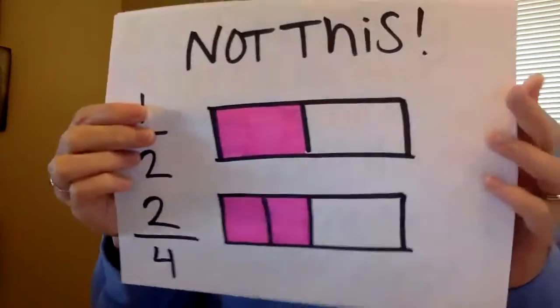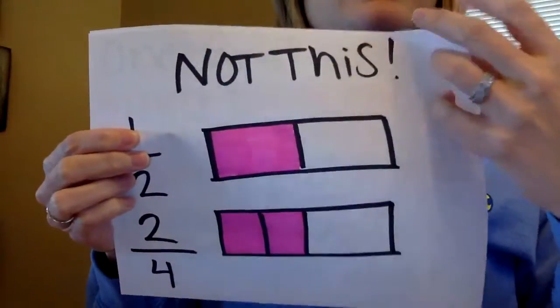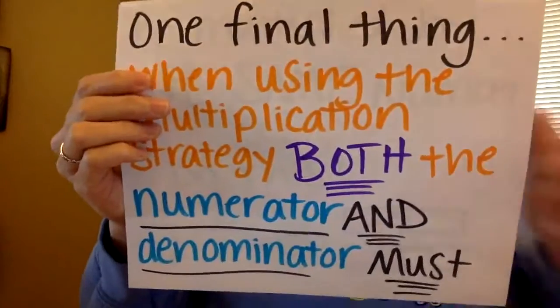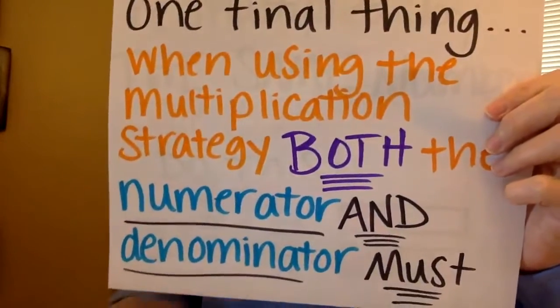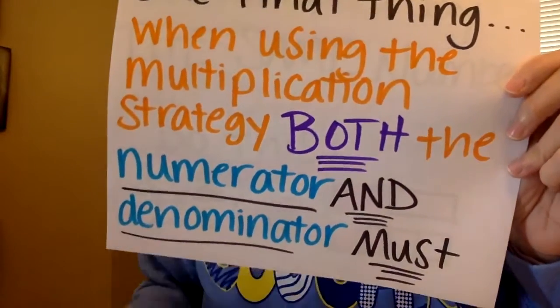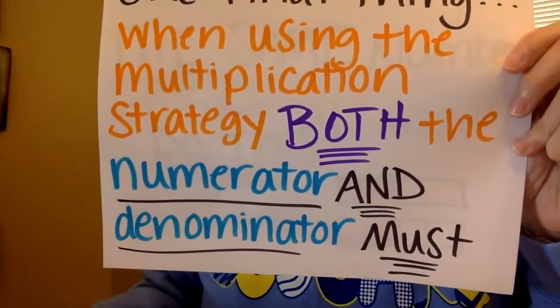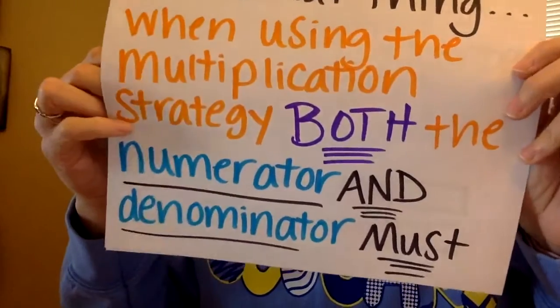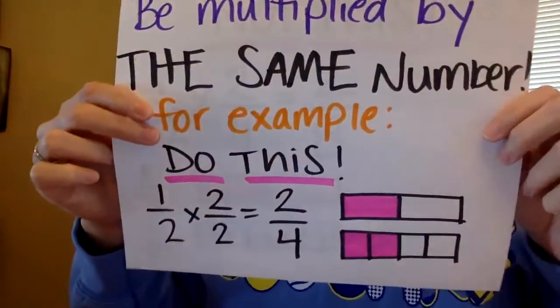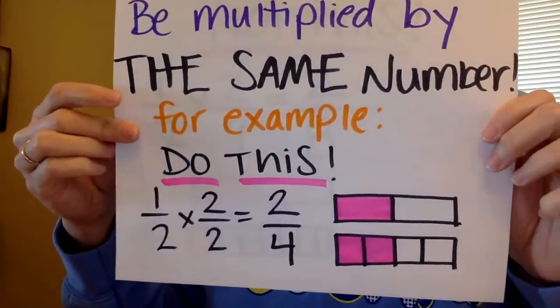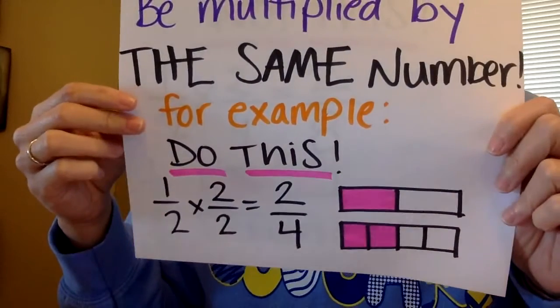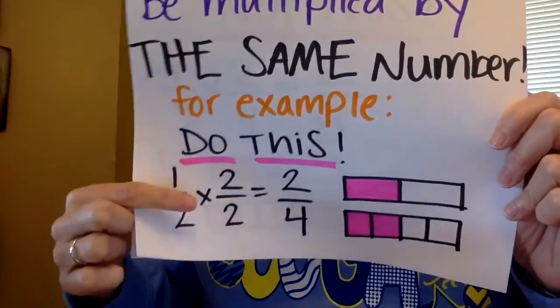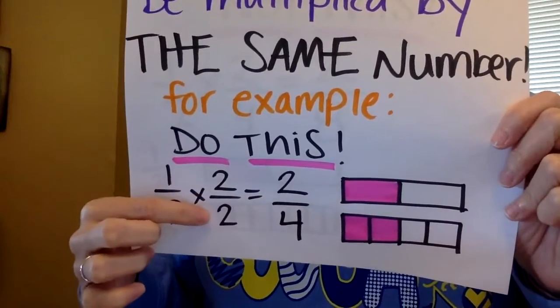Other thing to remember is that if I'm using the multiplication method or the multiplication strategy, both the numerator and my denominator must be multiplied by the same exact number. So for example, if I multiply my top number by 2, I need to multiply my bottom number by 2.